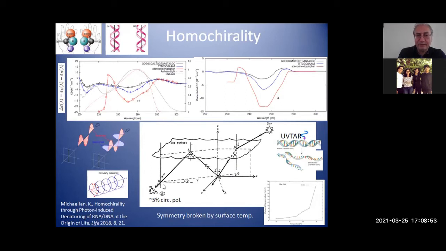And because in the morning the temperature of the ocean surface is colder than in the afternoon, and in the afternoon we get only an excess of right-handed circularly polarized light, then we can see how we can get the symmetry breaking, and we can get reproduction of only right-handed DNA, because it's more probable that right-handed DNA will be denatured because it absorbs more right-handed than left-handed light, and there is more right-handed light in the afternoon.